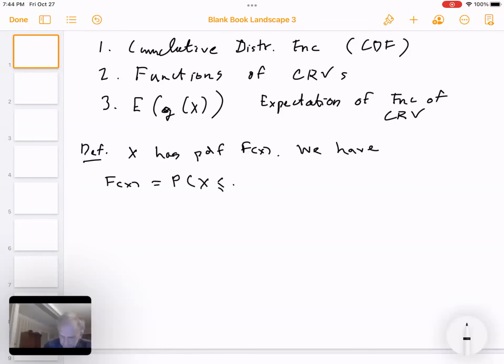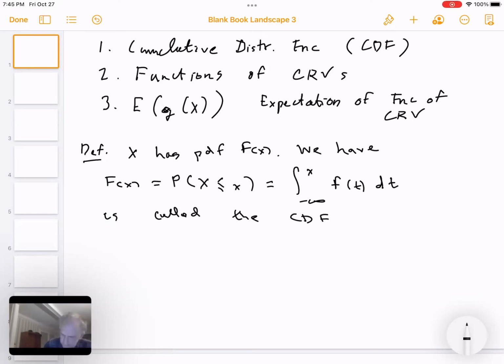Probability the random variable is less than or equal to the number little x. And this is just equal then to the integral up to little x. And I need a different letter here for the dummy argument to the integral. It is called the CDF.